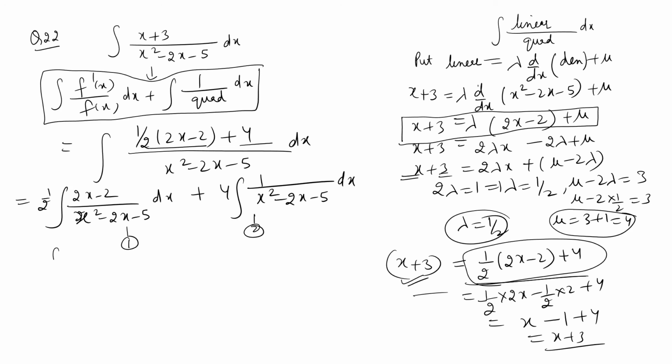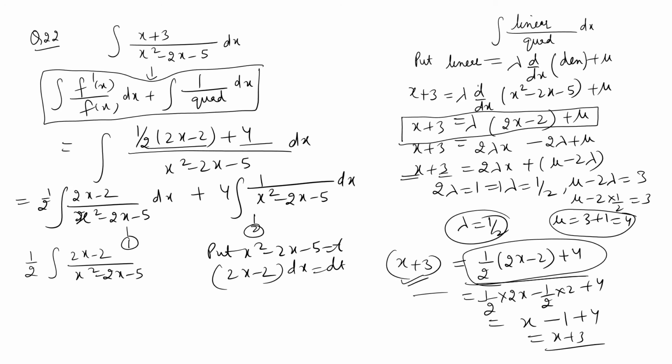So this is integral number 1, and this is integral number 2. Integral number 1 I can solve separately: 2x minus 2 upon x square minus 2x minus 5. Put x square minus 2x minus 5 as t, so 2x minus 2 dx is equal to dt. So this will be 1 upon 2 dt by t form.